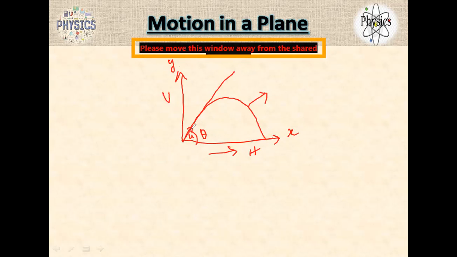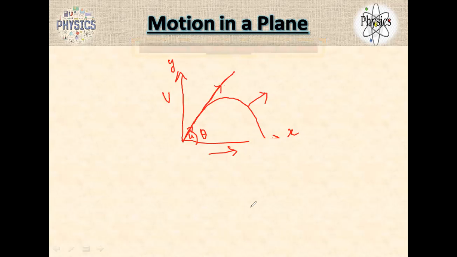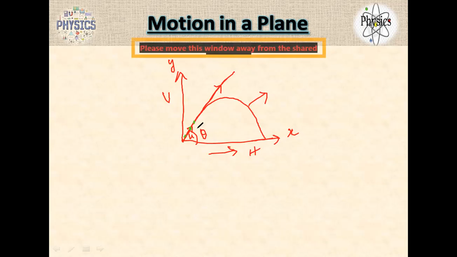So when I throw this object in this direction, what is going on here? I can clearly see that at every point of the object there are two coordinates, x comma y, which means when I provide the object an initial velocity u, I can see two components, ux and uy.